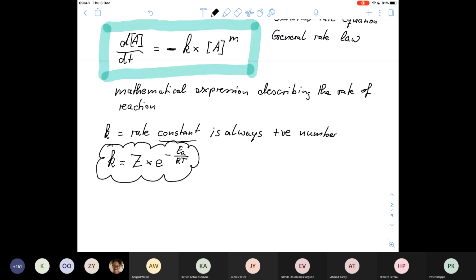No? Yes, indeed. This is the famous Arrhenius equation, which links basically the rate constant of a reaction with the temperature of a reaction.